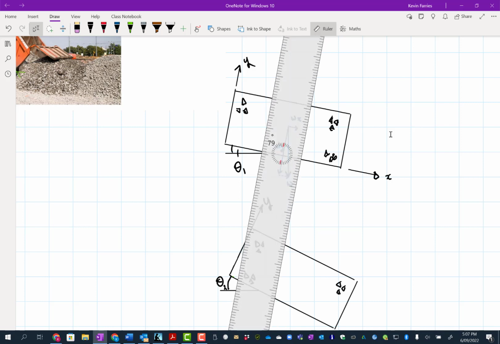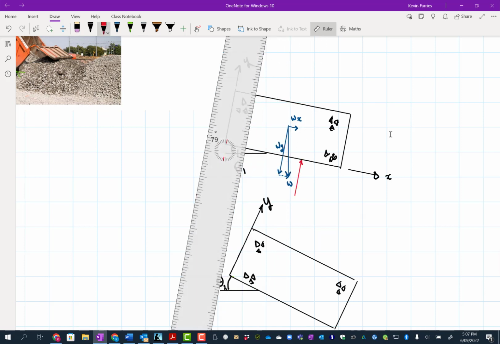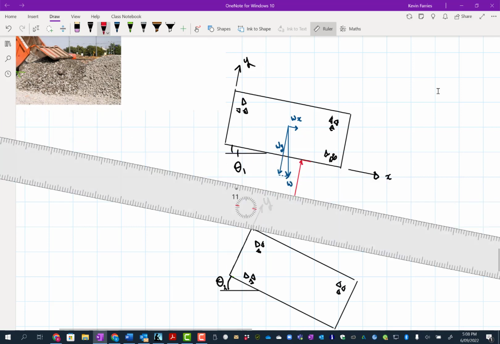So our normal reaction must be equal and opposite to WY. And then our frictional force is going to be equal and opposite to WX. So it must be acting this way.